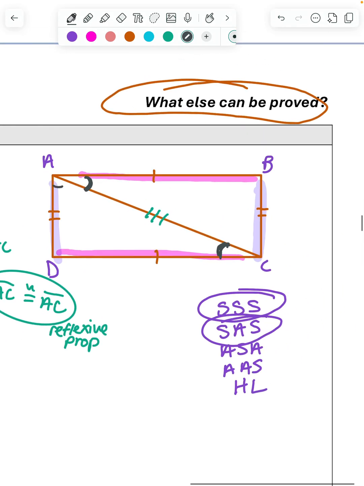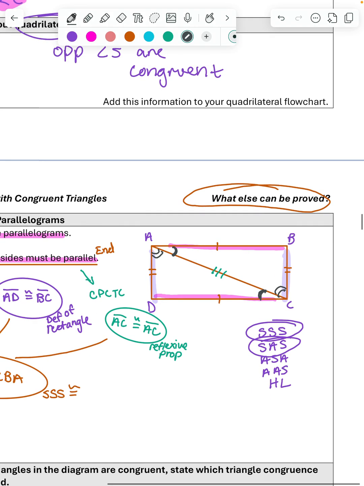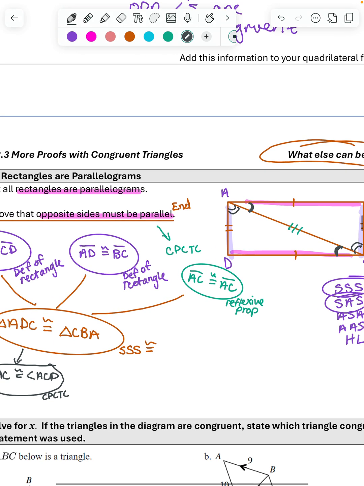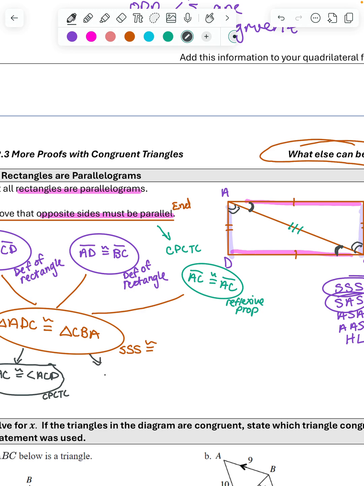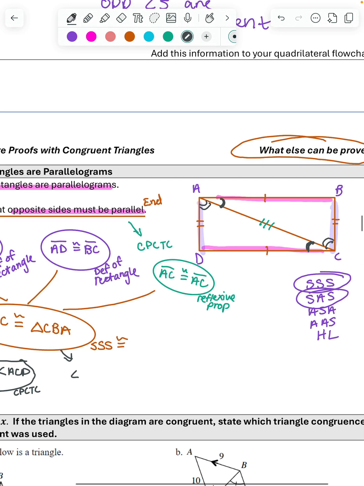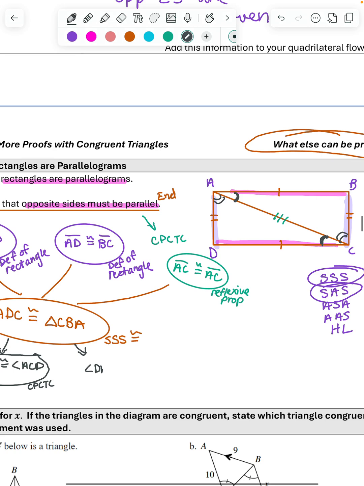And I could say this about the other set of alternate interior angles. So angle DAC, with the two loops, is congruent to angle BCA.